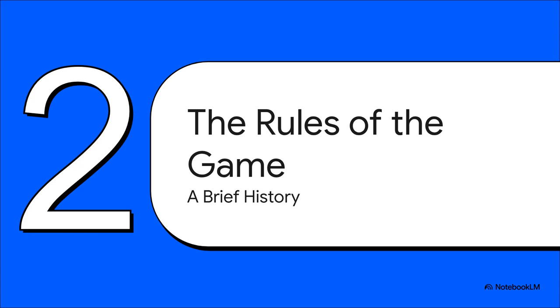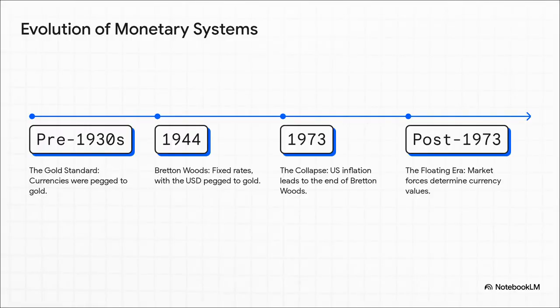So, how did we even get here? Let's take a quick look at how the rules of this game have changed over the years. The system we have today wasn't just built overnight. It's really the result of more than a century of economic trial and, well, some pretty spectacular errors. For a long time, the world ran on the gold standard, which gave everyone a lot of stability by tying currencies directly to a fixed amount of gold.